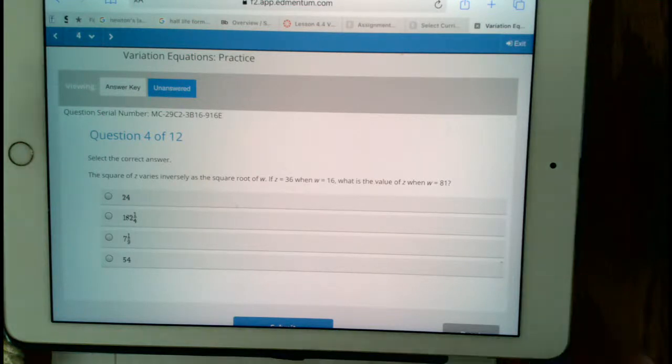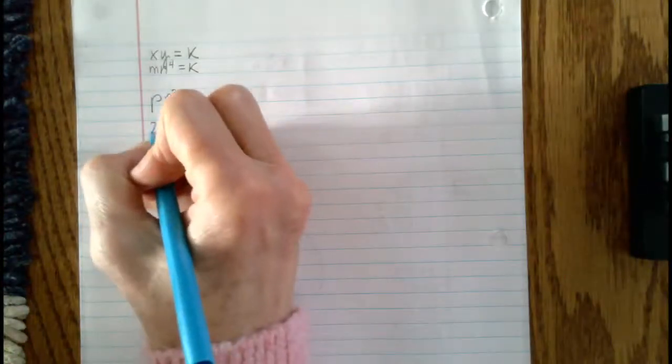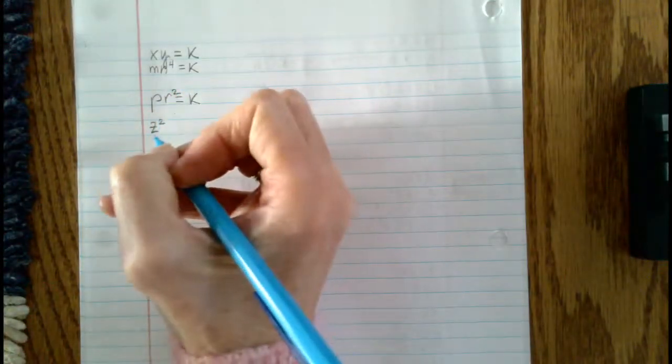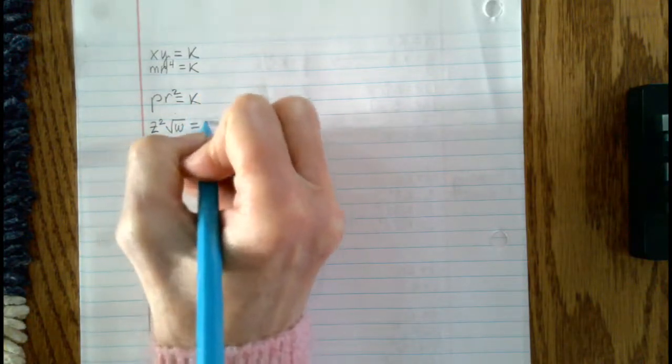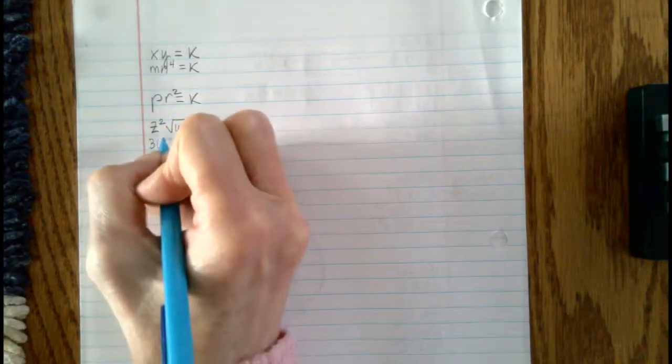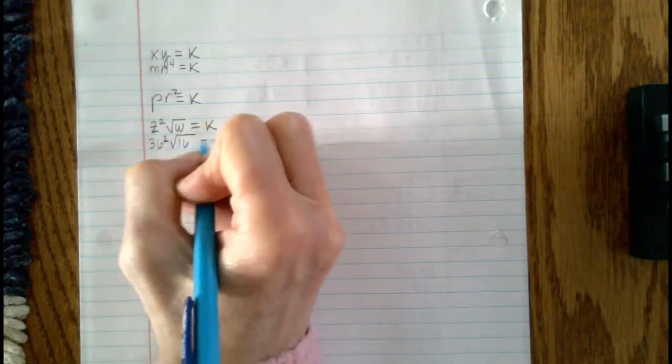So we start off here, and it says that the square of z varies inversely as the square root of w, and that's going to equal k. So if z equals 36, we have to square it, times the square root of w when w is 16, we're going to get the constant of variation here.